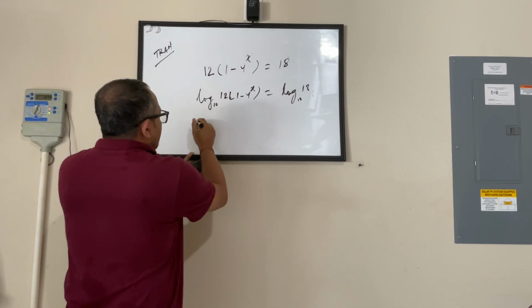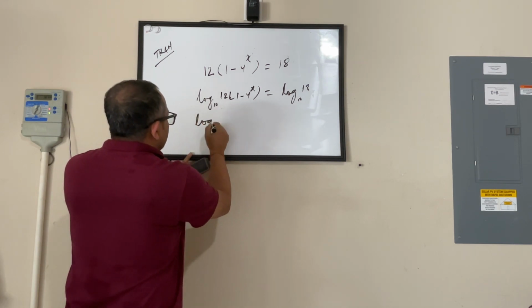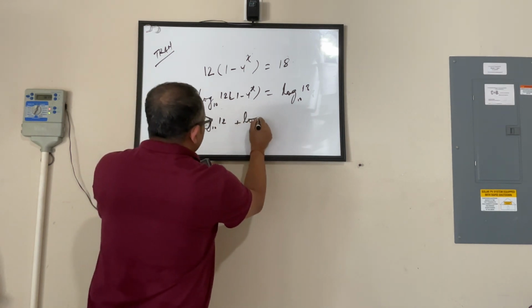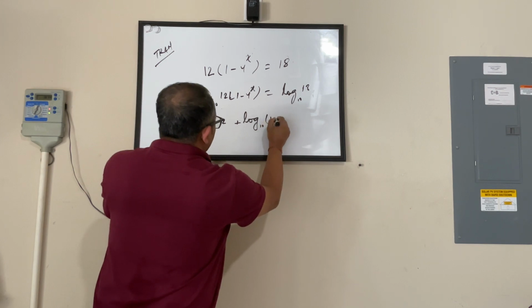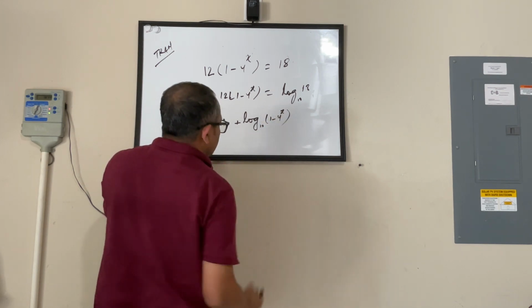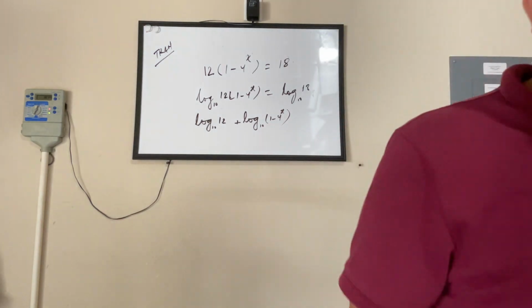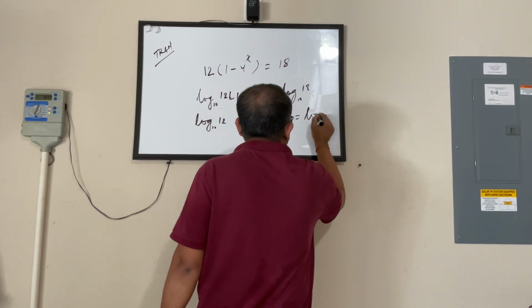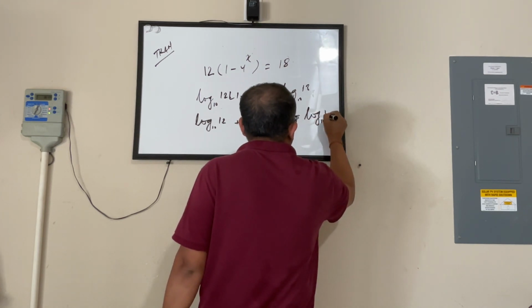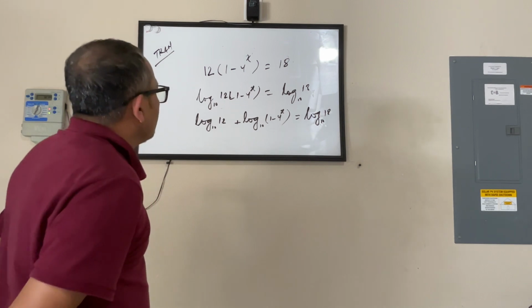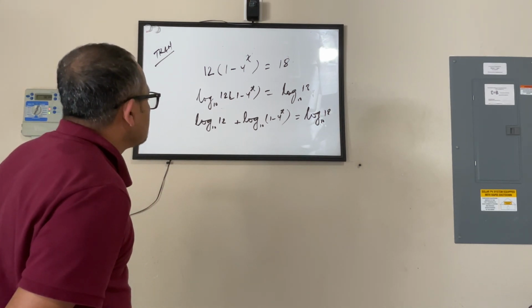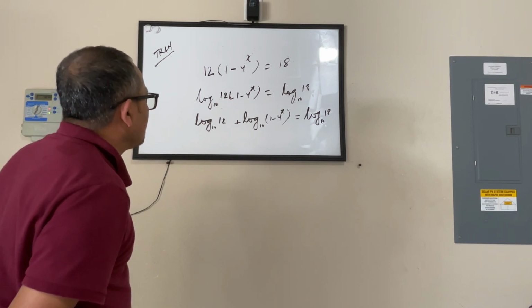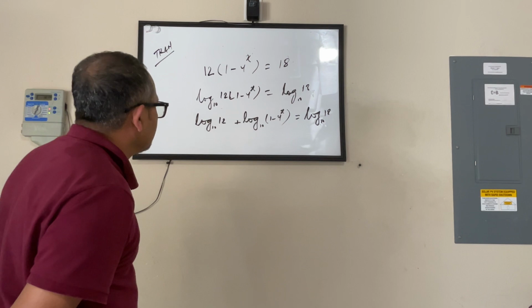So I can say log 12 plus log of (1 minus 4 to the power x) equals... into a log, first of all.